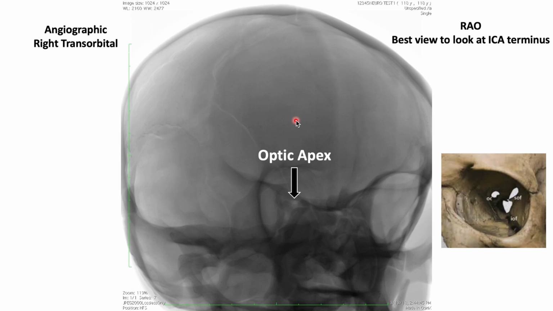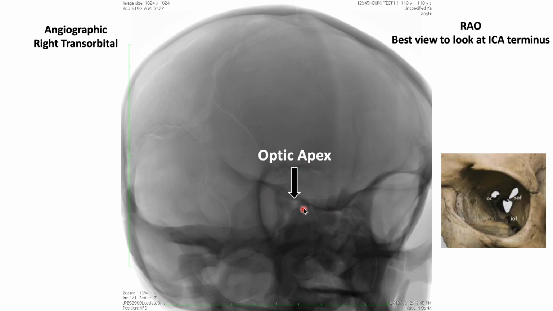The third view for anterior circulation is a transorbital view. So for the right side, you've got to go in the plane RAO 15 or 20 degrees, and for the left circulation, you've got to go plane LAO 15 or 20 degrees. So no cranial or caudal angulation, it's just plain RAO or LAO. So for the right one, if you go into the RAO, keep going into the RAO till the time this white shadow appears right in the middle of this orbit.